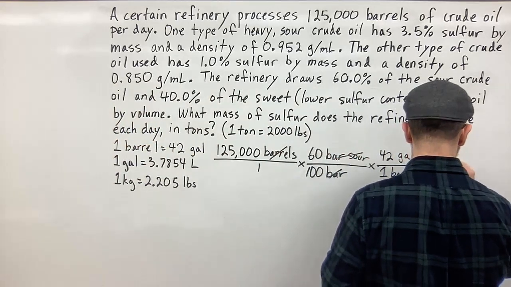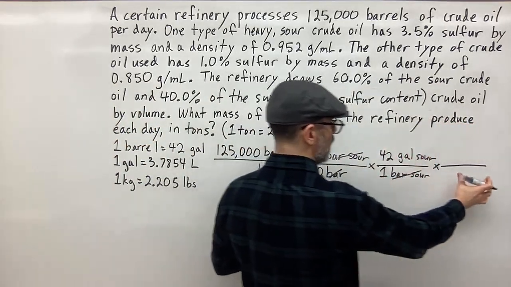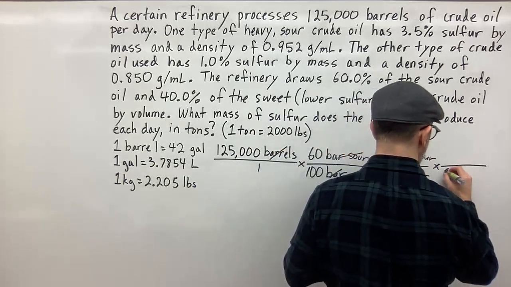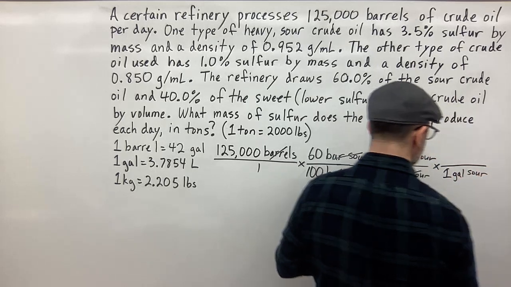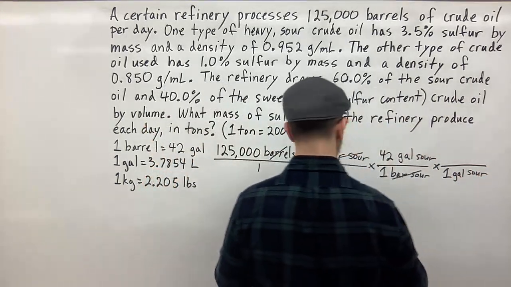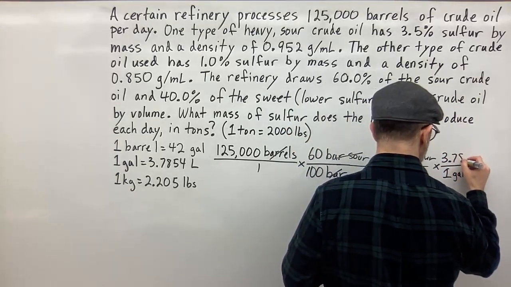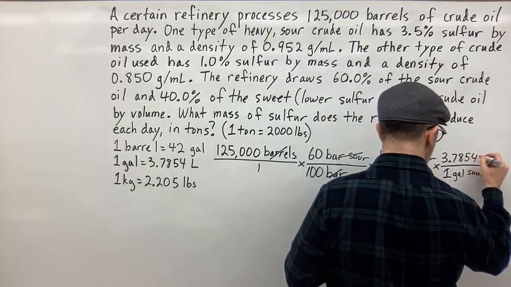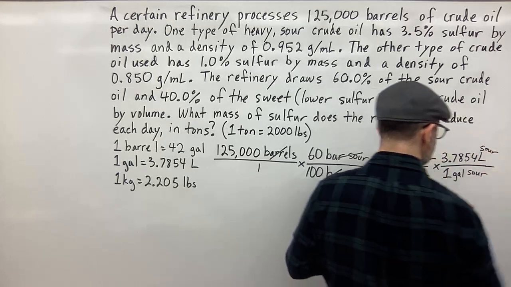So we got that conversion. Gallons is on top here, so we're going to put gallons on the bottom. So 1 gallon of sour, and we're going to put 3.7854 liters on top, and this is sour.